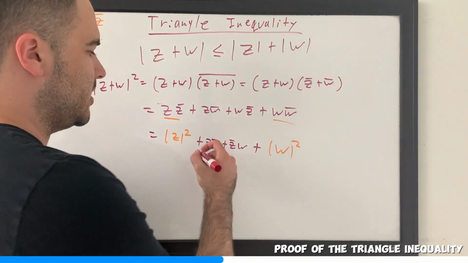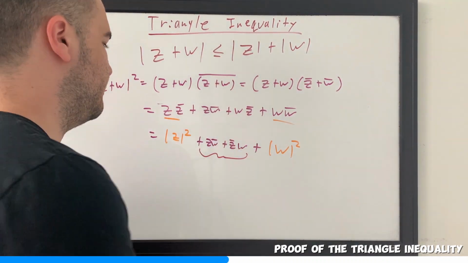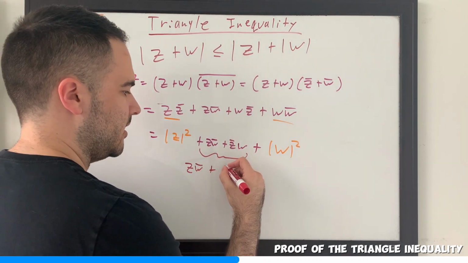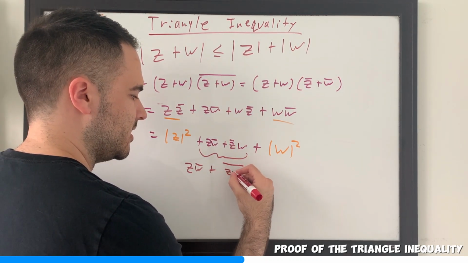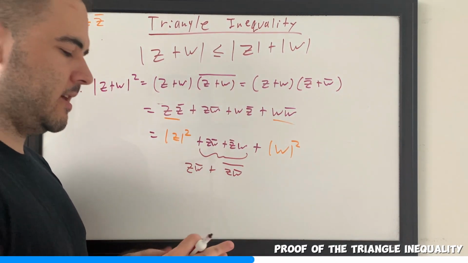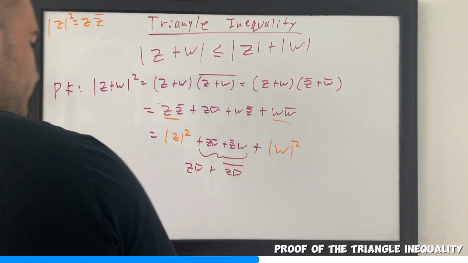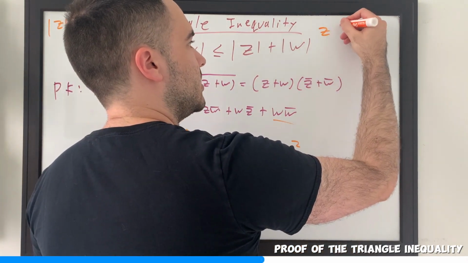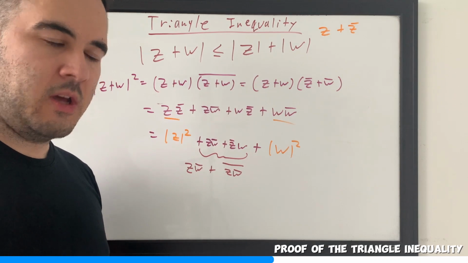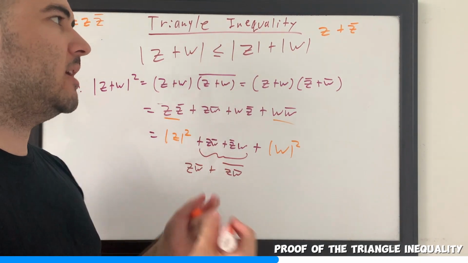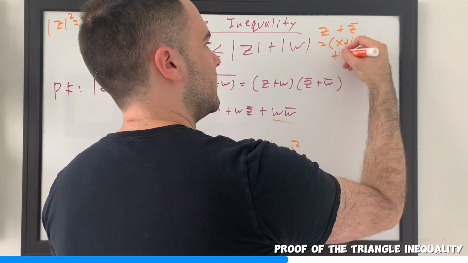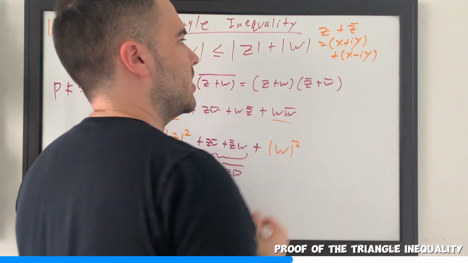Okay, so the term in particular we want to look at is the two in the middle. If I take z times the conjugate of w, plus its conjugate, which is the conjugate of z times w, the idea is that if you take any complex number and add its conjugate to itself, remember that the conjugate is negating its imaginary part.